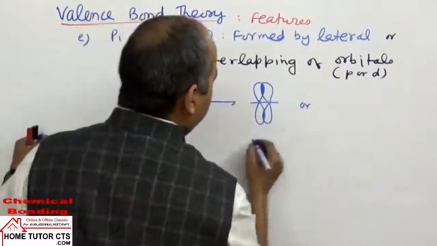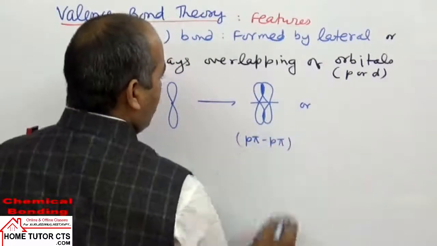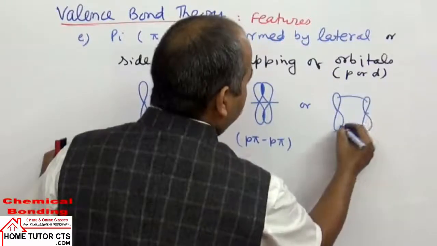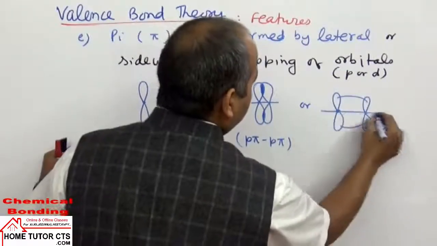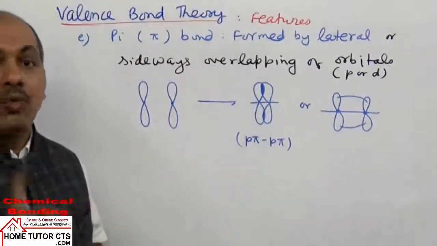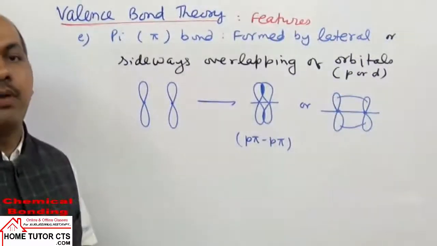This can be written as the PP pi bond, sometimes written this way for simplification. See, out of 3 p orbitals, only one can form a sigma bond and the 2 remaining will form pi bonds.